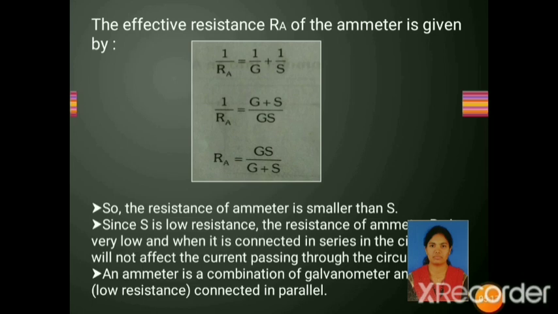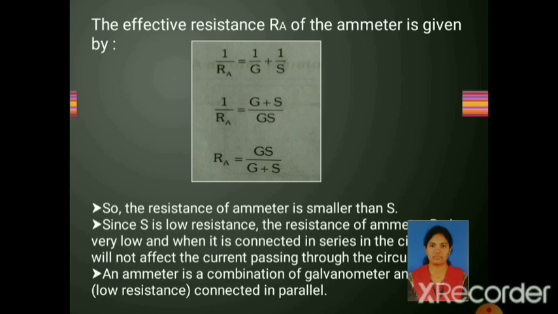The effective resistance Ra of the ammeter is given by 1 by Ra equals 1 by G plus 1 by S. Simplifying this, we get the effective resistance Ra as GS by (G plus S). So the resistance of the ammeter is smaller than the shunt resistor.